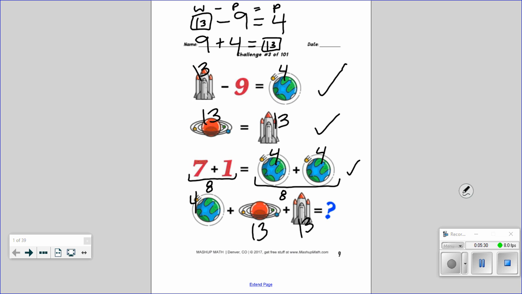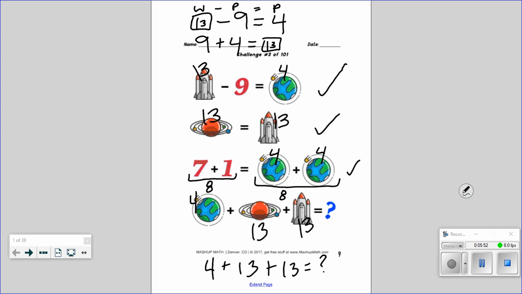All right, so let's look at the bottom. I have Earth, which I know is equal to 4. I have planet, which is equal to 13. And I have rocket ship, which is equal to 13. And then I have a question mark, which we are used to seeing.